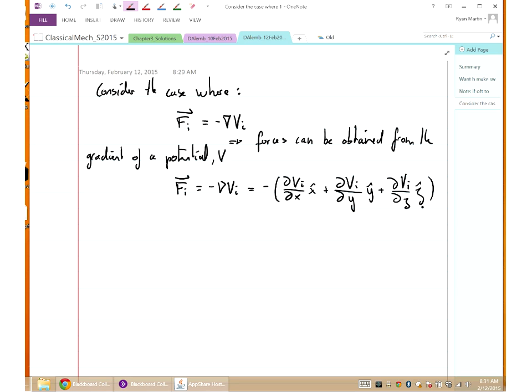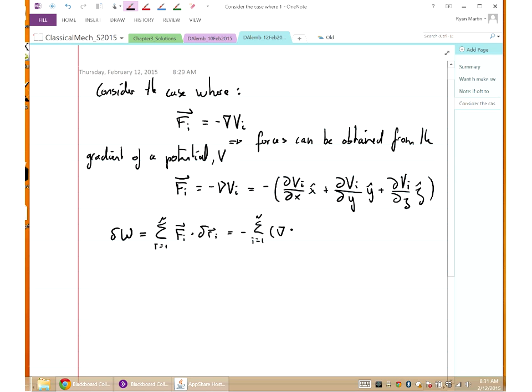Gravity is a potential, and you can take the gradient and you get the force of gravity. So let's calculate now the virtual work done by such a force. So delta W will be the sum from i equals 1 to N of our Fi's dotted with delta Ri's.